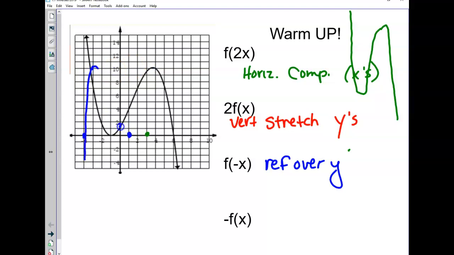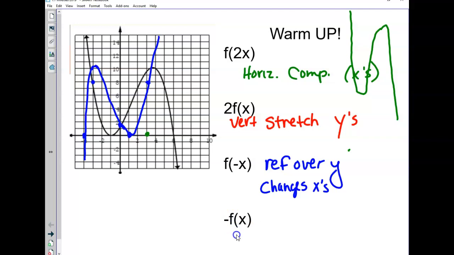The y-intercept would not change. So this value over here that was maybe -3.8 would be +3.8. So it would look like it reflected. Everybody good? Left to right, changing x values. X-intercept.